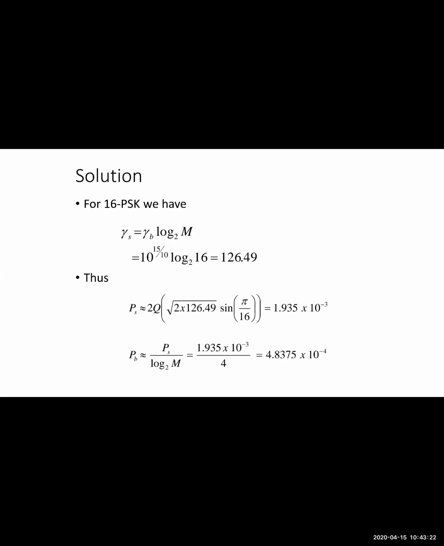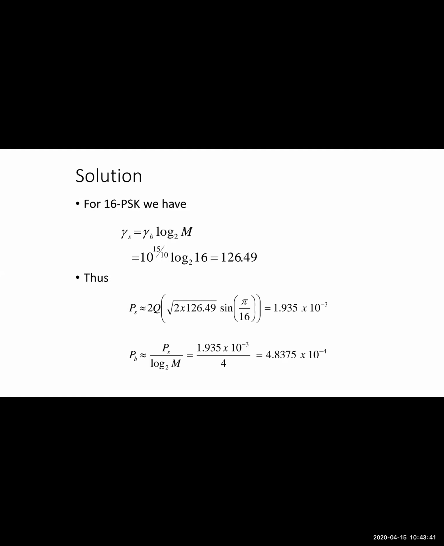Okay, so comparing the bit error probability for the 8 PSK and the 16 PSK, we can see that the probability of error is very large for the 16 PSK.